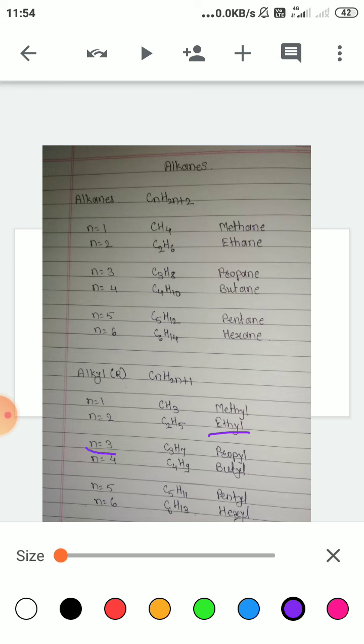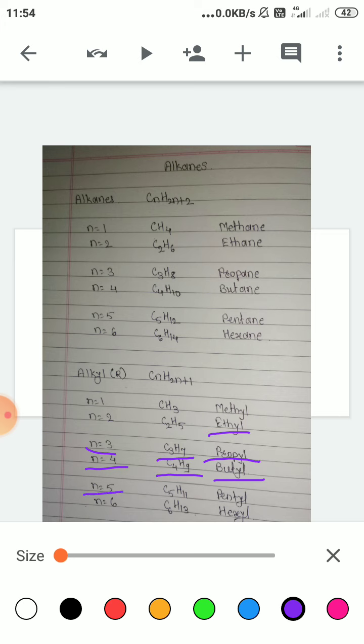If n is equal to 3, the formula will be C3H7 and the name of the alkyl group is propyl. If n is equal to 4, we get C4H9 and the alkyl group is butyl.